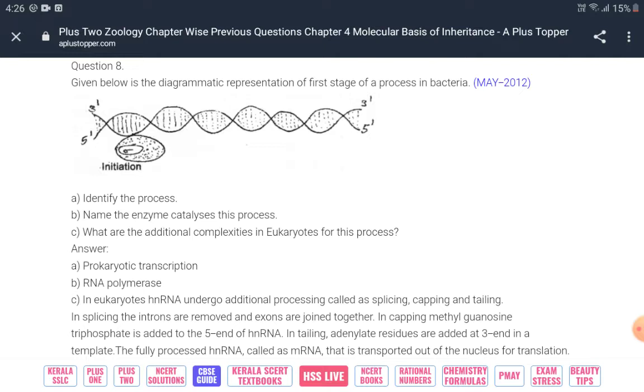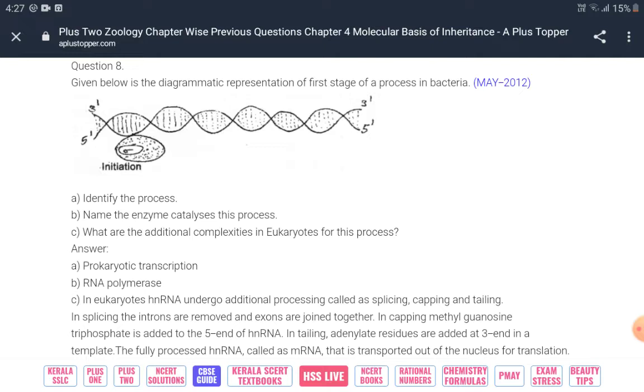In eukaryotes, hnRNA undergoes additional processing called splicing, capping, and tailing. In splicing, the introns are removed and exons are joined together. In capping, methyl guanosine triphosphate is added to the five prime end of hnRNA.